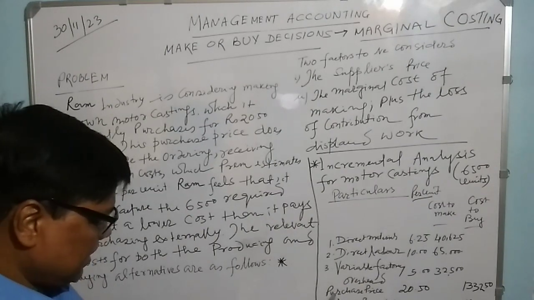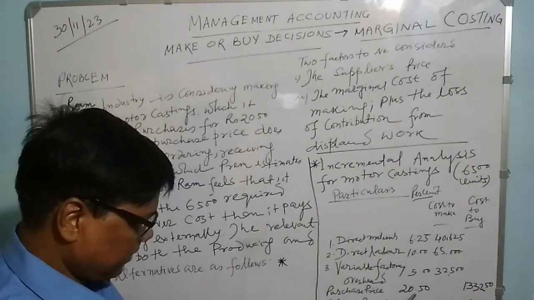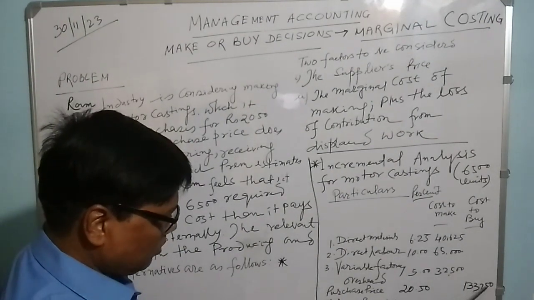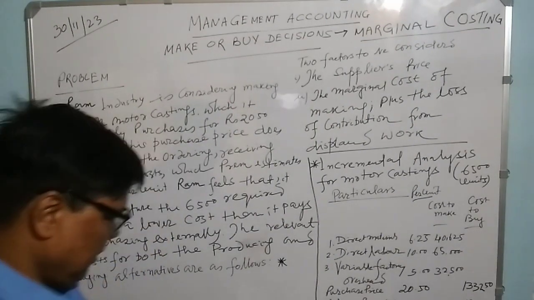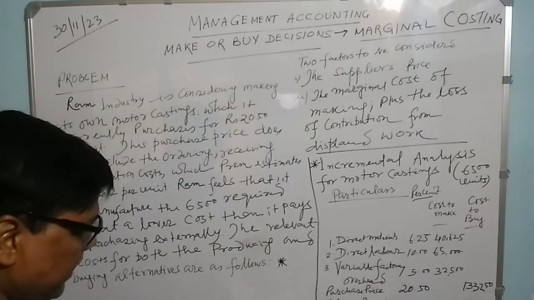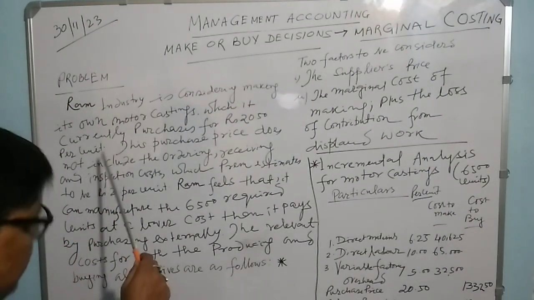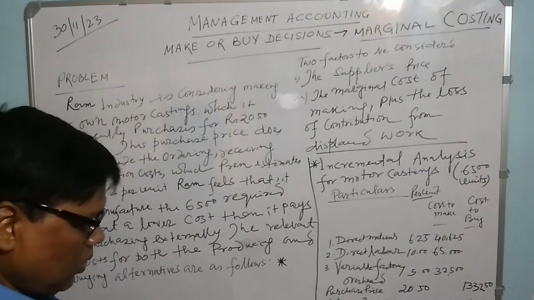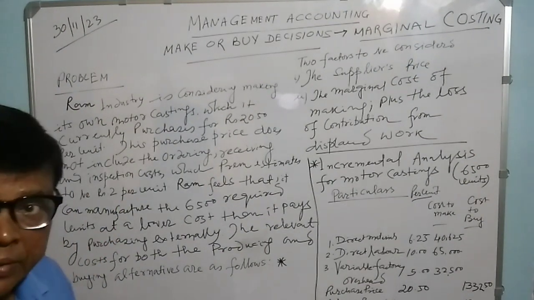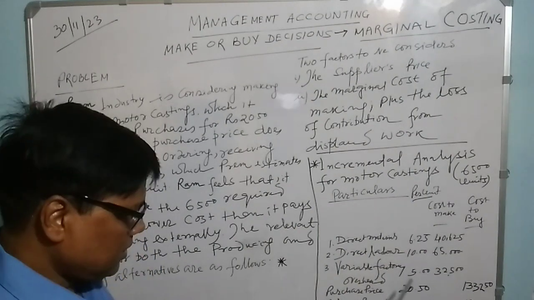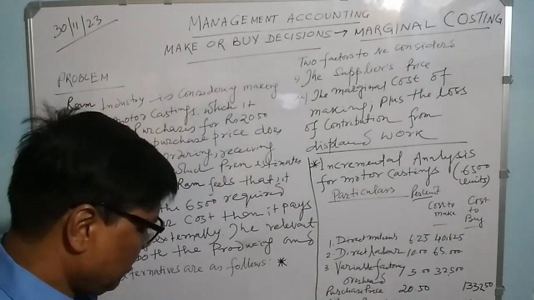Suppose if you purchase from outside, your purchase price is 20.50 per unit and the total cost of buy is 1,33,250. You see that in case you purchase from outside, as given in our problem, the ordering cost, receiving and inspection cost, etc. will be there, which is not required for your own factory production.